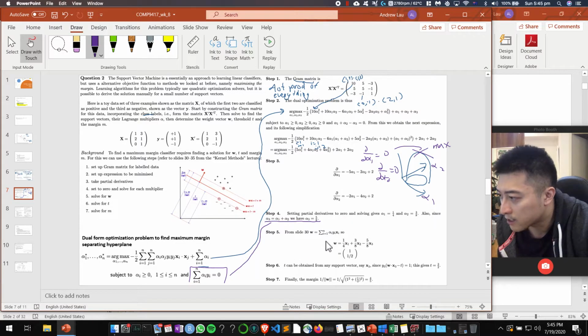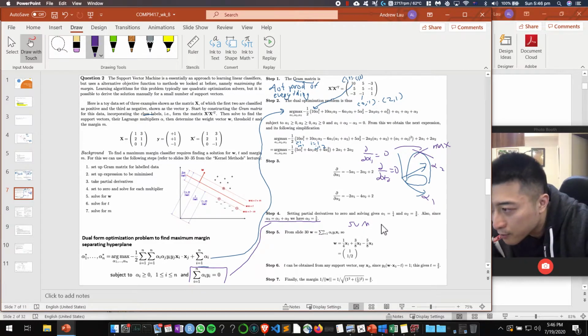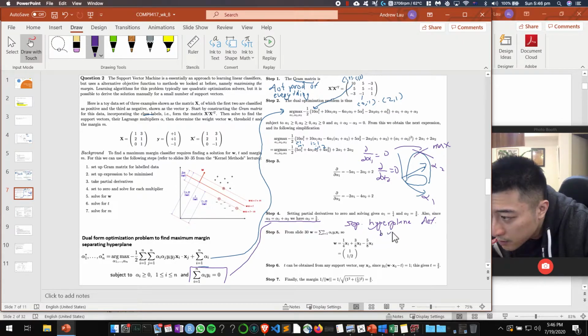Now the other thing we know is that remember the support vector machine is purely defined by its support vectors, and keep in mind these alphas are an indicator of whether it's a support vector. So a support vector machine is a separating hyperplane defined by the support vectors.